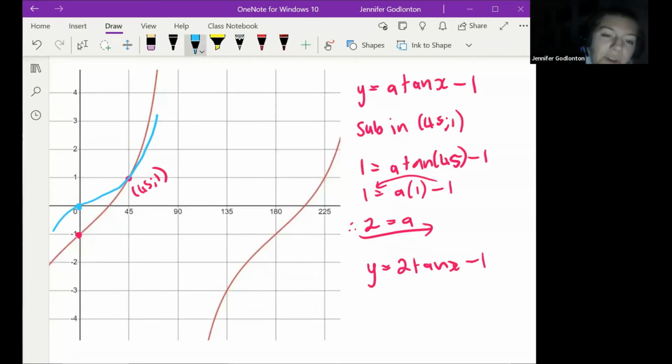Because it's at -1, my graph has shifted down by 1, which is why that's going to be -1. But basically, whatever your y-intercept is in a tan graph, that's going to be your shift. So if my graph was down here, then my shift would be -4.